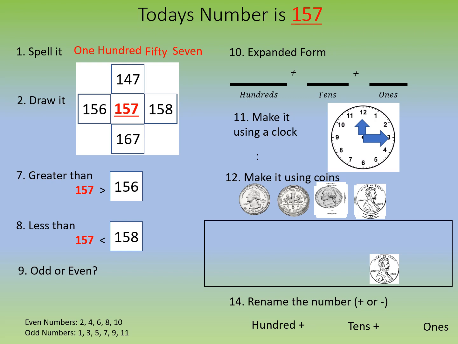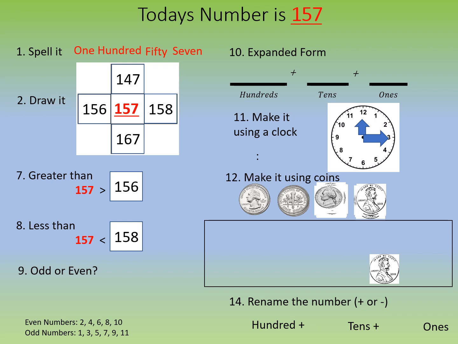Odd or even? We learned about odd or even in the beginning of the school year. I went ahead and wrote the even numbers and the odd numbers on the bottom of this page to help you out though. Even numbers are 2, 4, 6, 8, and 10.